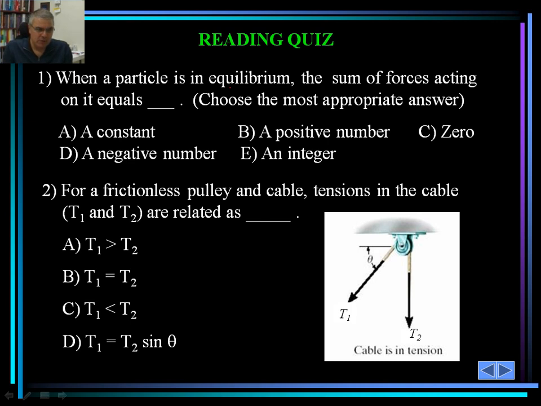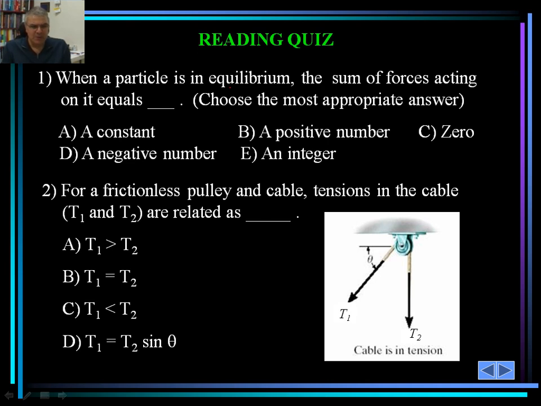All the forces in T2 must be balanced by another force, the summation of forces in the y direction, which we will discuss later. But in order to balance T1, and because the pulley and cable are frictionless, T1 must be equal to T2.